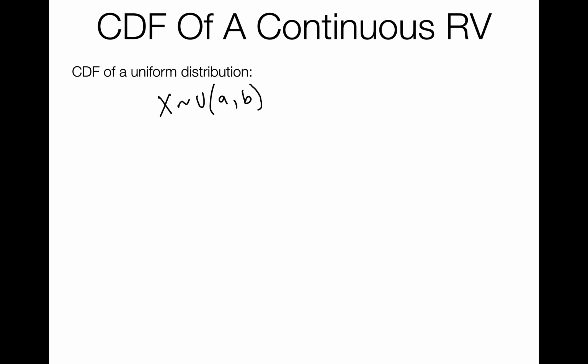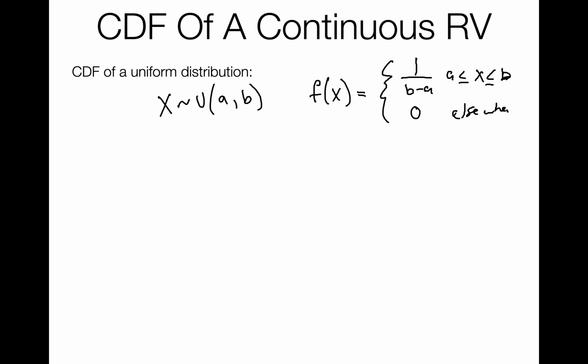That means the PDF of that function is defined as 1 over b minus a when x is between a and b, and 0 elsewhere.